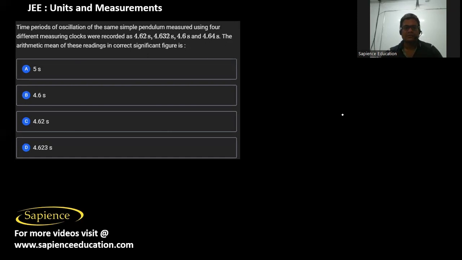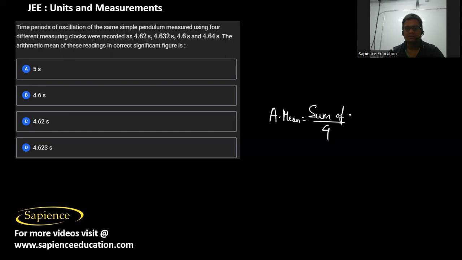Okay, so here it is told that the time period of oscillations of the same simple pendulum, measured using 4 different measuring clocks, were recorded as 4.62 seconds, 4.632 seconds, 4.6 seconds, and 4.64 seconds. The arithmetic mean of these readings in correct significant figures is? So for the arithmetic mean, we have to just take the sum divided by 4, since there are 4 readings.